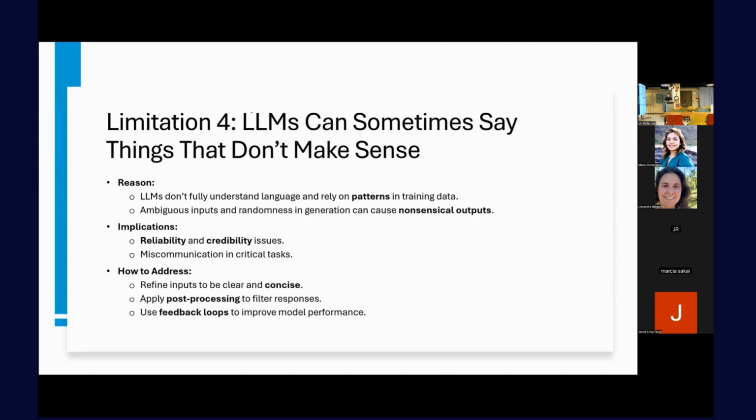And this is one of the biggest problems that language models have: it says things that are not correct. And this is the biggest problem that the large language model has.